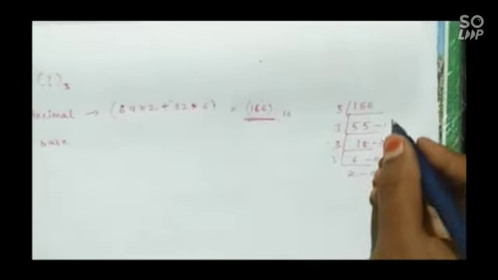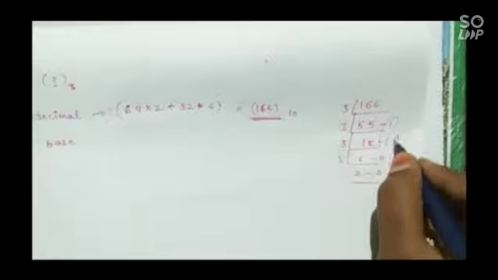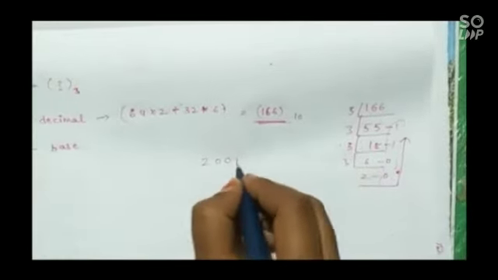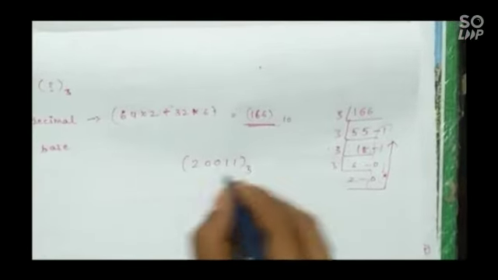Here we have these carries. We will take these values. 20011 is the base 3 value of 246 base 8. And thank you for watching this video.